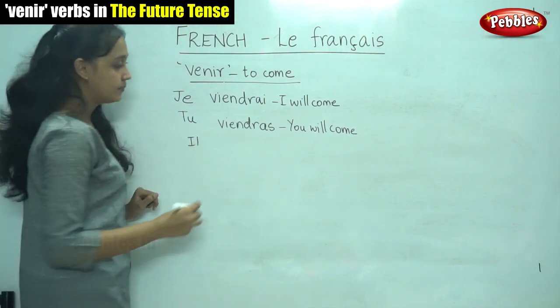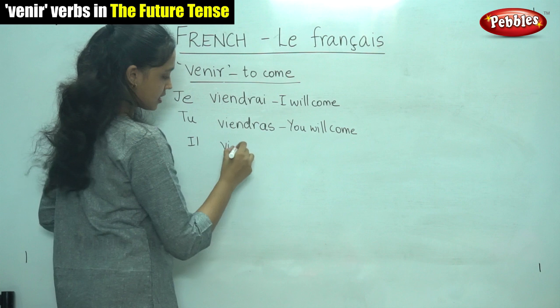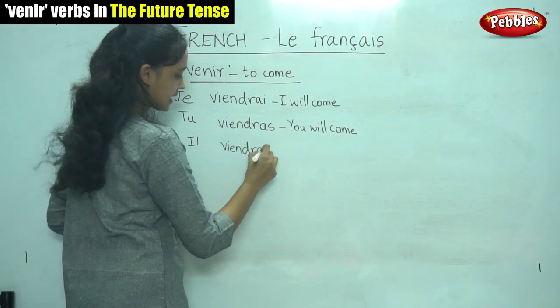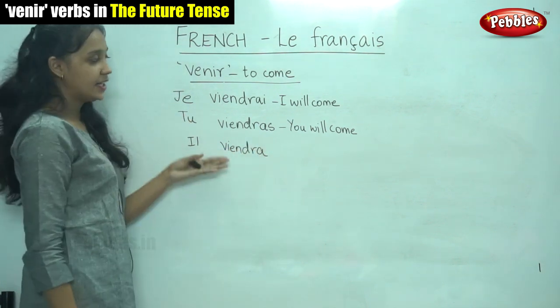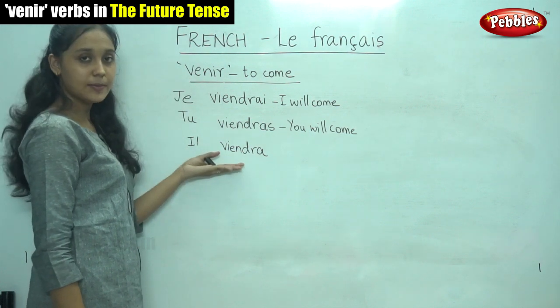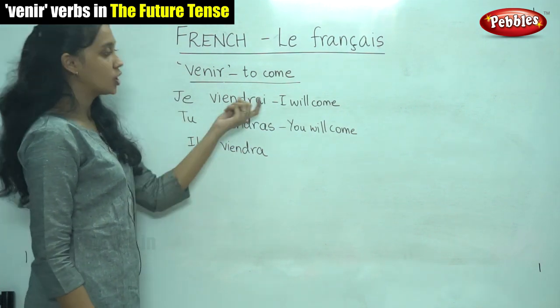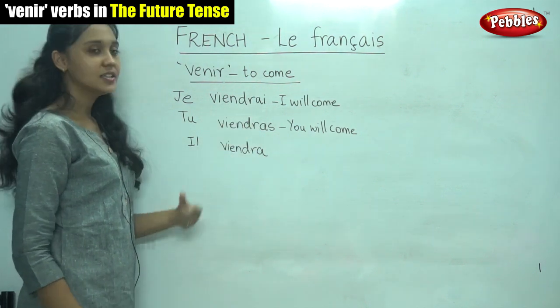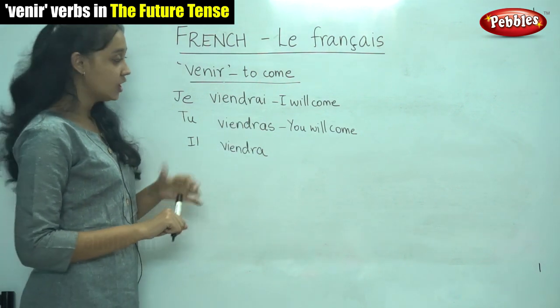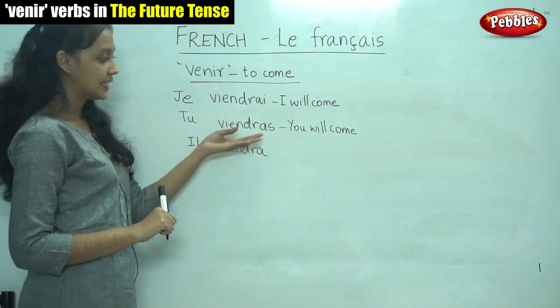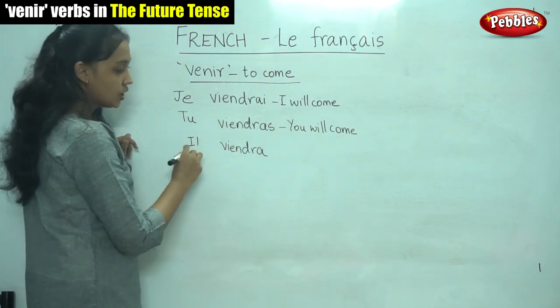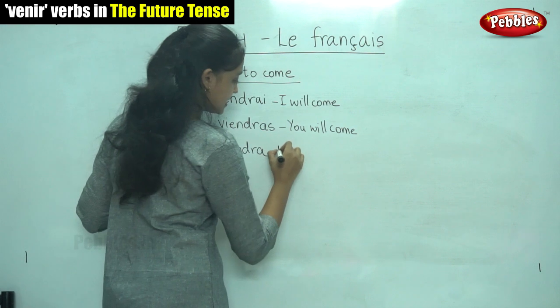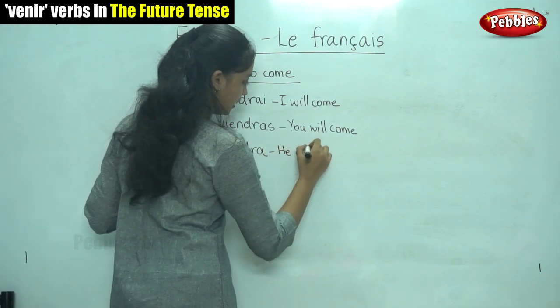For il, the ending is a. I am writing all this. This is very simple to learn, but I am writing it again and again because the endings should be memorized, and you can memorize it easily only by writing it again and again. So il viendra means he will come.